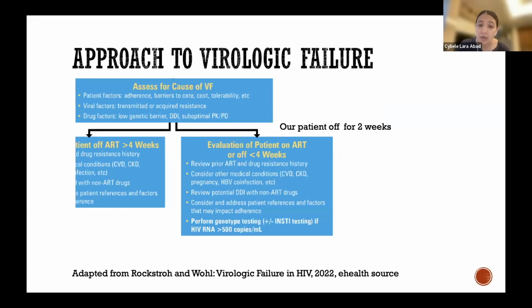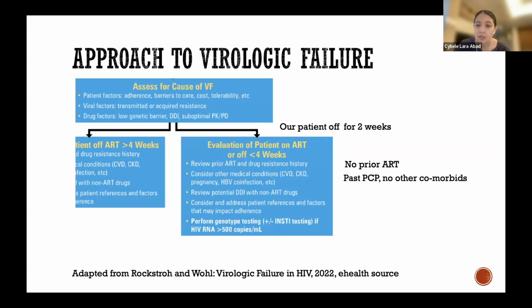So now let's go to what else we can do to evaluate him further. Again, he has been off for about 2 weeks. Let's review: does he have prior ARVs and a drug resistance history? No, this is his first regimen. Does he have other medical conditions that we should be concerned about, that may be interacting with his medications, or maybe putting him at risk for poor adherence as well?